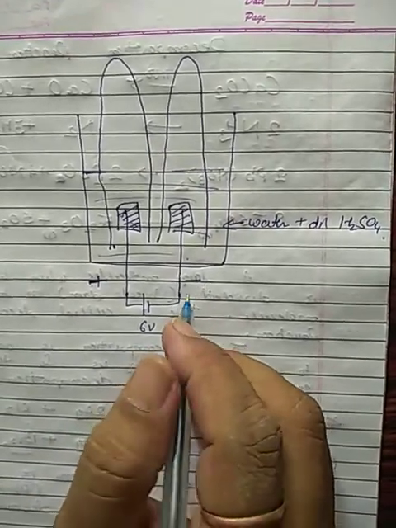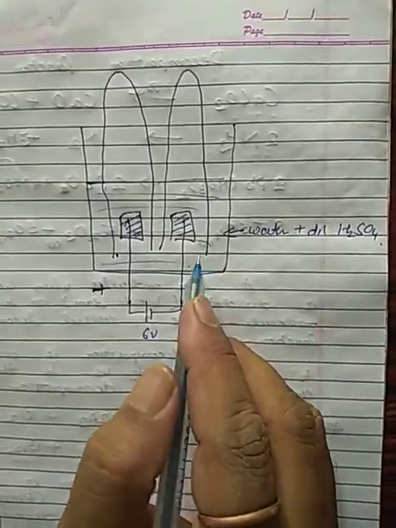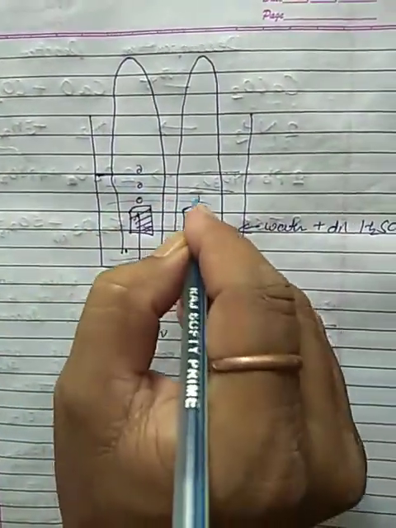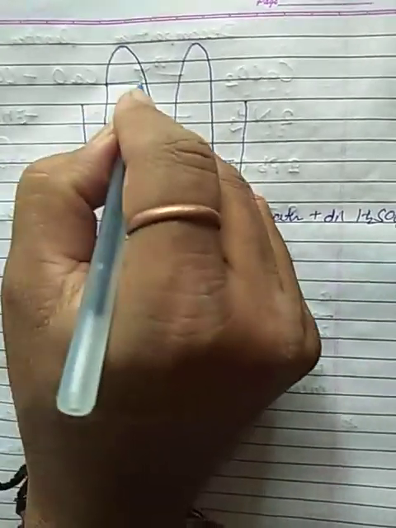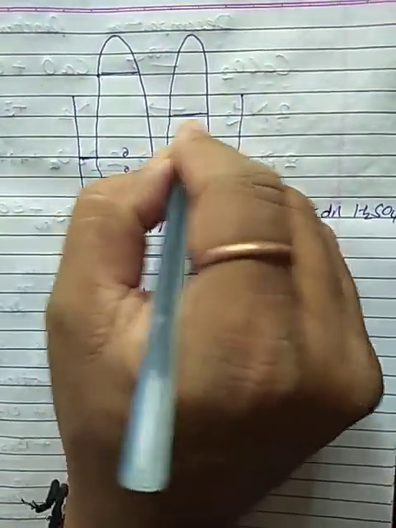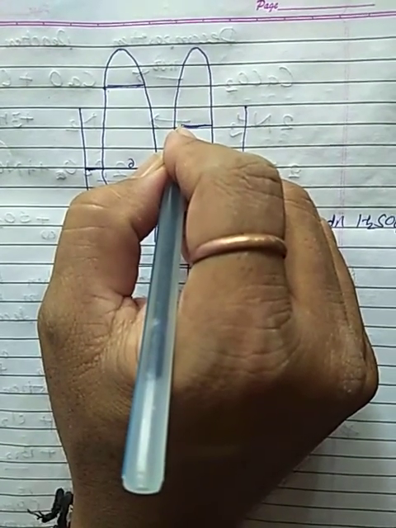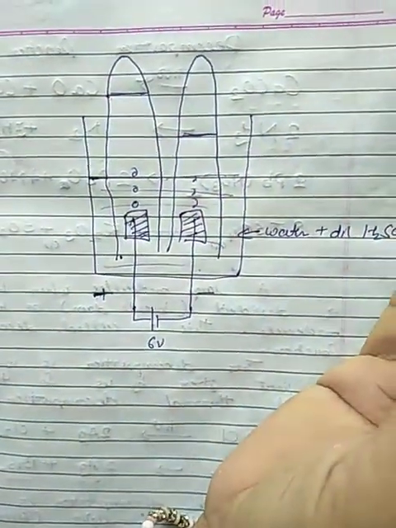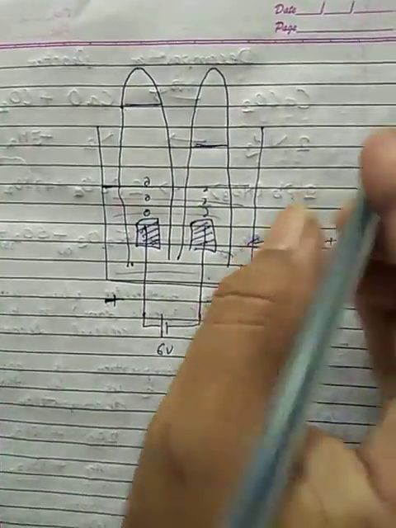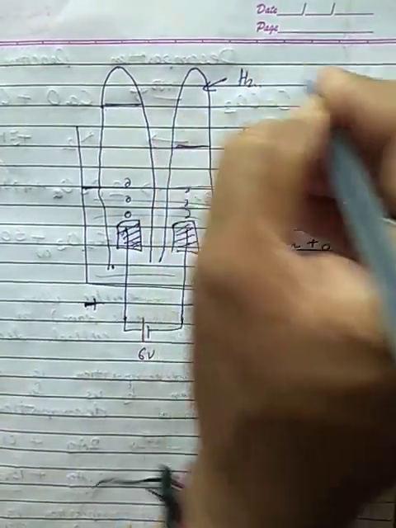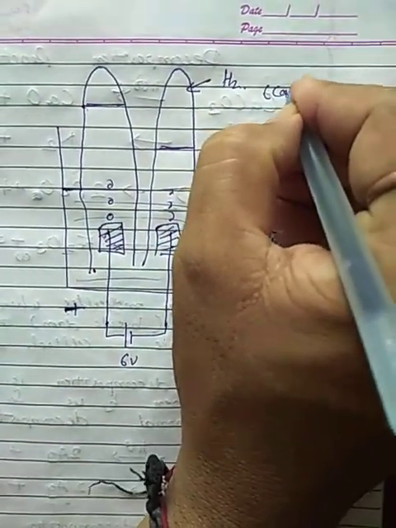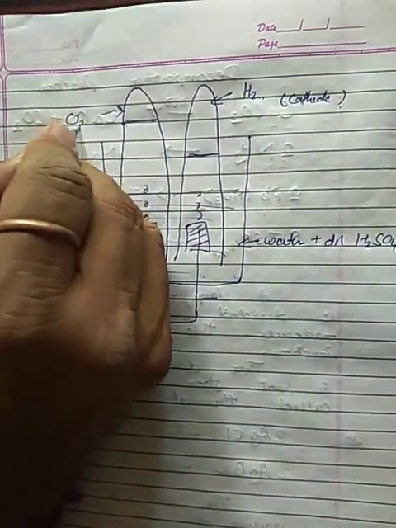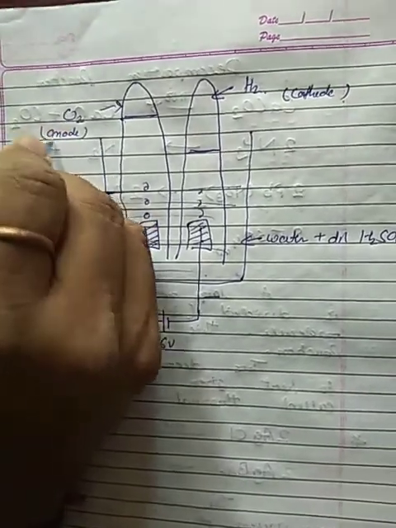What happens is that at the graphite rods, gases are liberated from the water and collected here. Hydrogen is collected at the cathode and oxygen is collected at the anode.